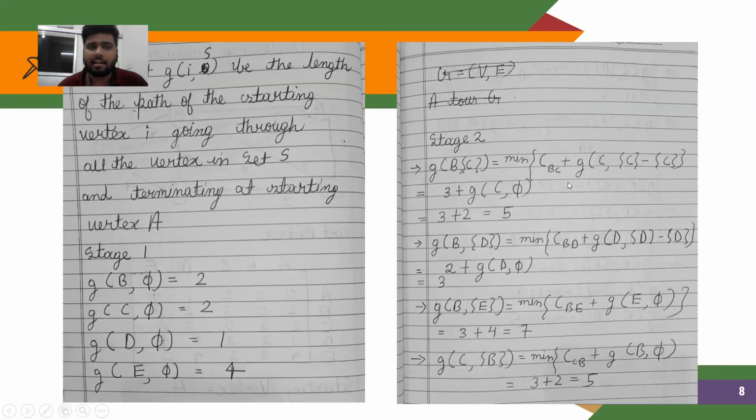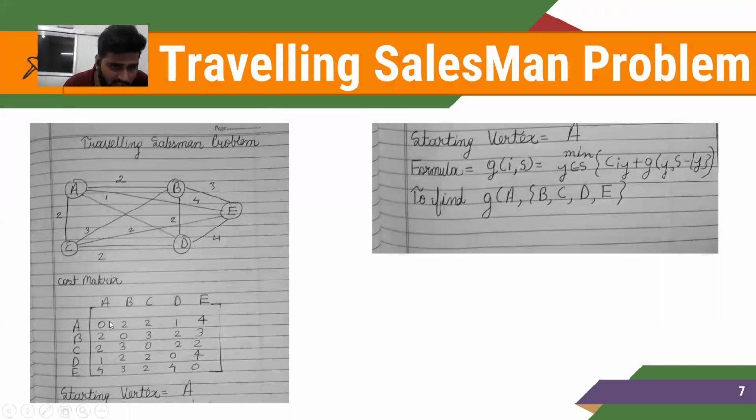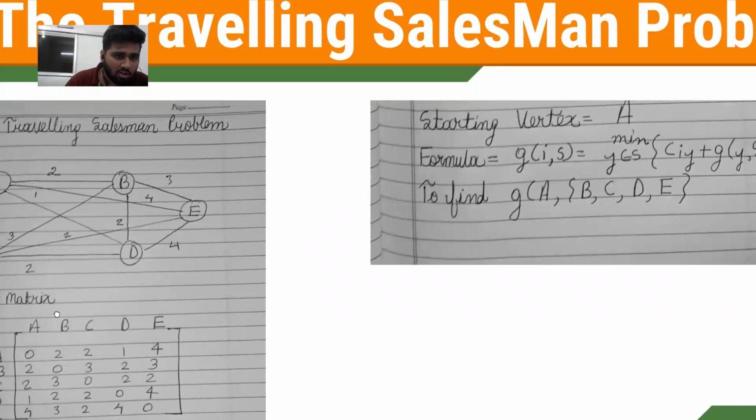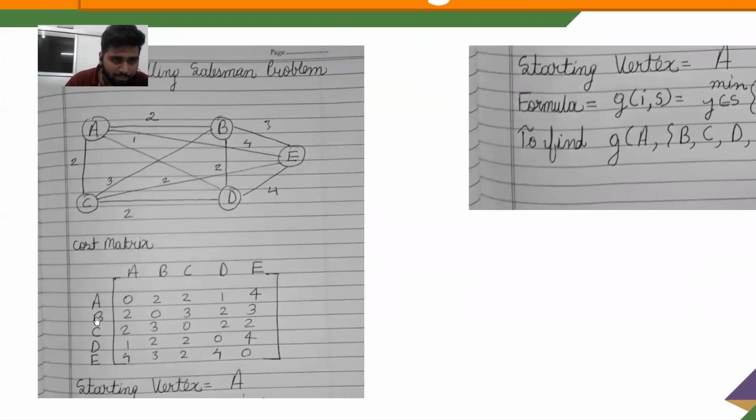This value we can get through the cost matrix. Let's see what the value of CBC is. For BC, the value is 3, as you can see from the cost matrix.